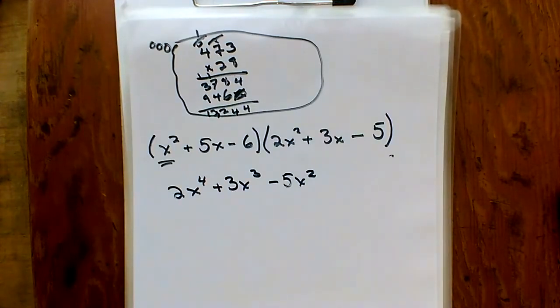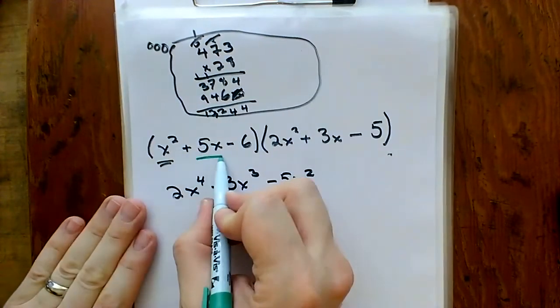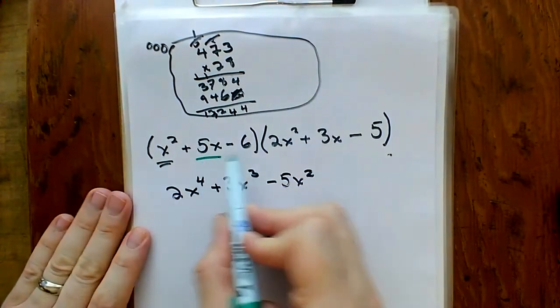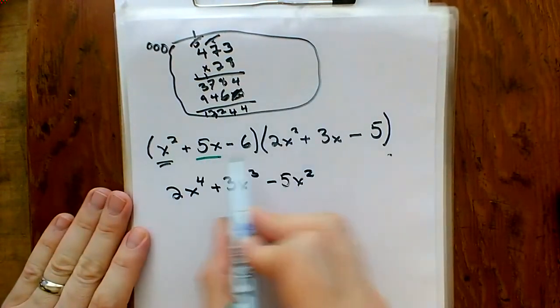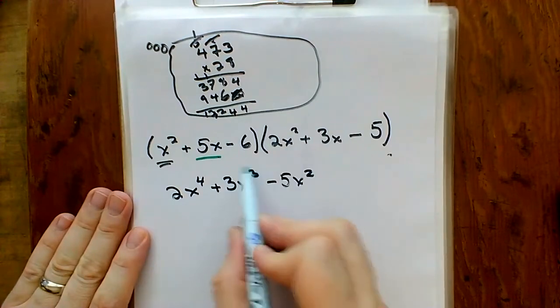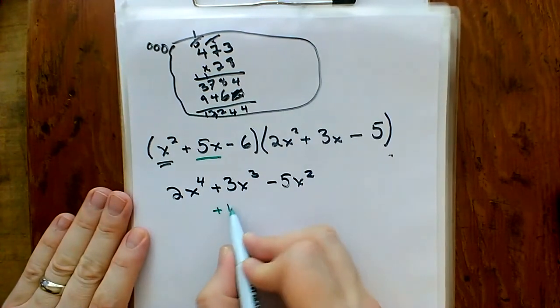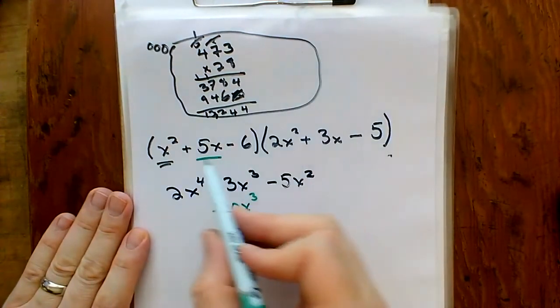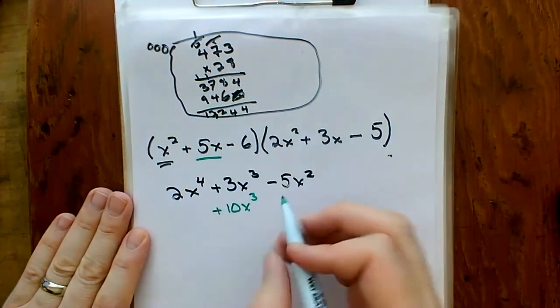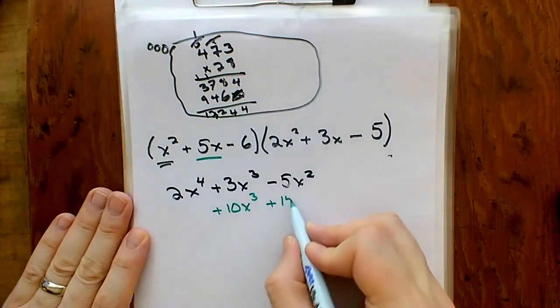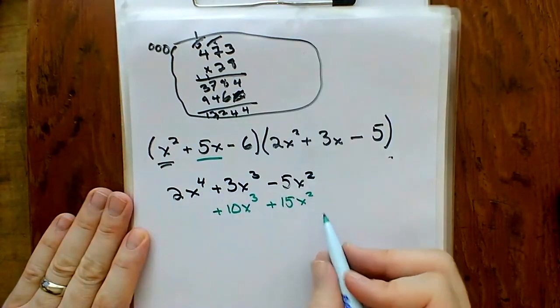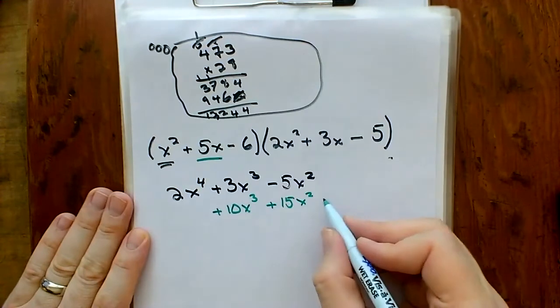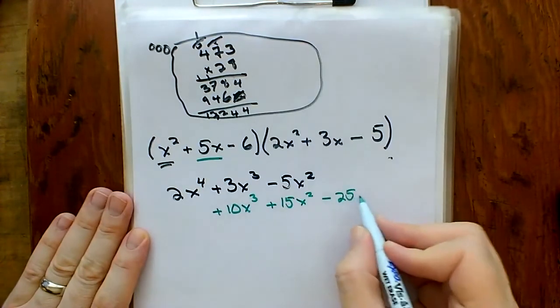Now let's multiply through by my 5x. 5x times 2x squared is going to be plus 10x to the 3rd power, 10x cubed. 5x times 3x is plus 15x squared. 5x times minus 5 is minus 25x.